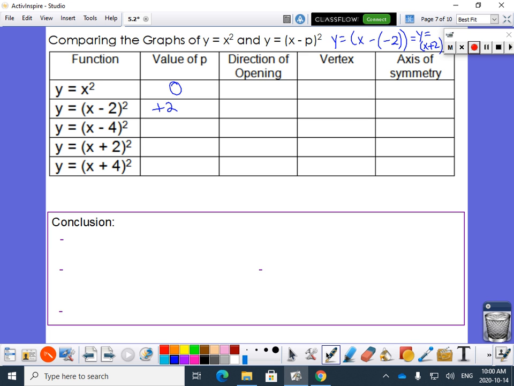No, keep it simple. This was just to show why this p-value is +2 and not -2. That's it, and then we're done here.